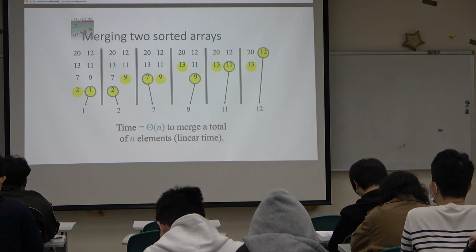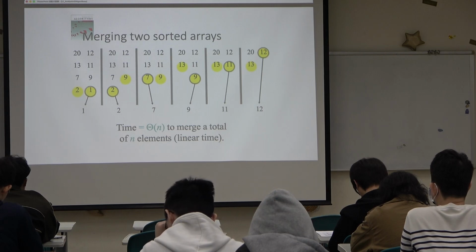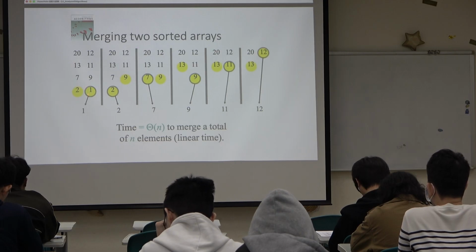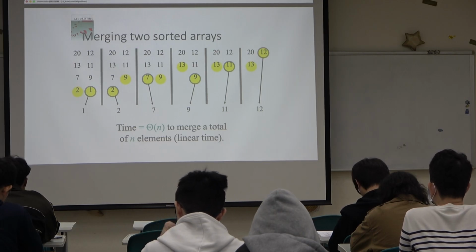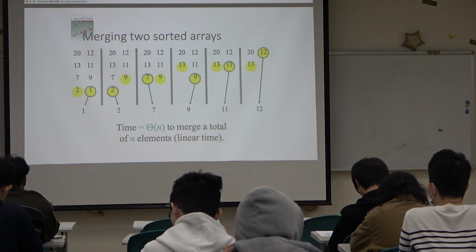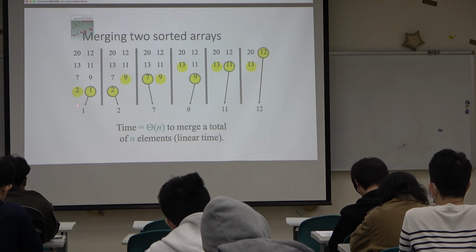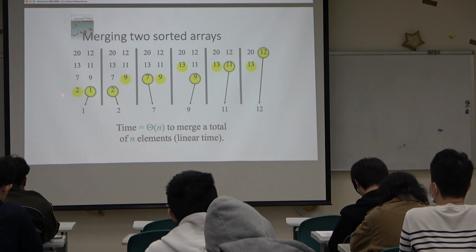All these numbers add up to n numbers. The first list is n divided by 2 numbers, and the second list is n divided by 2 numbers, so the total will be n numbers.